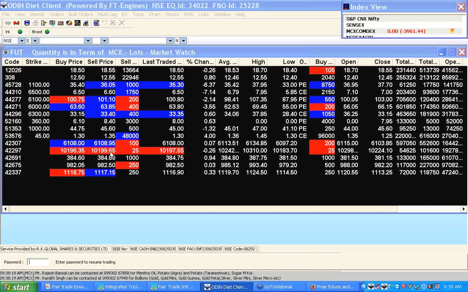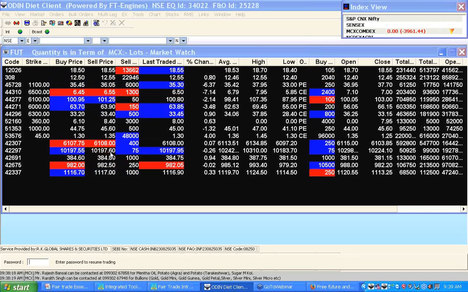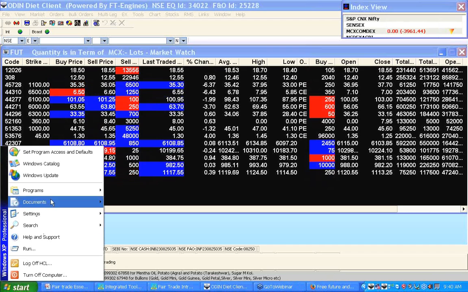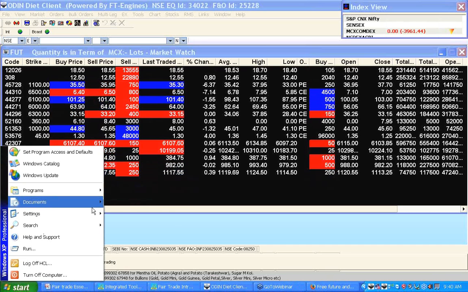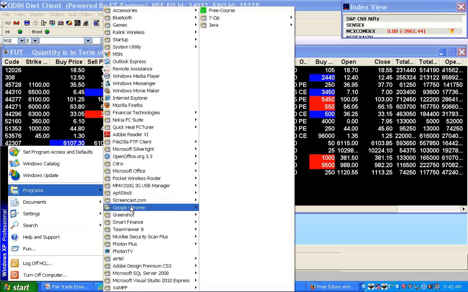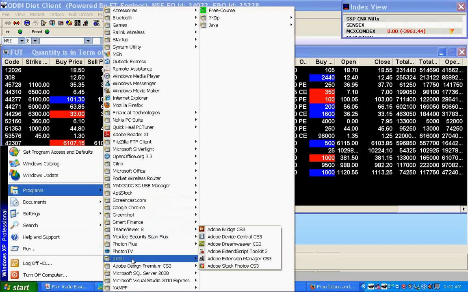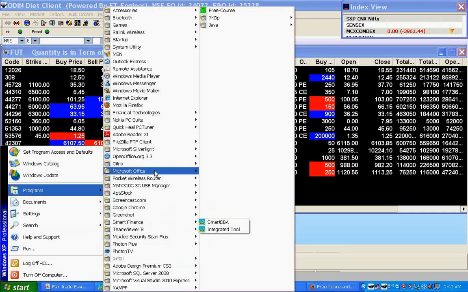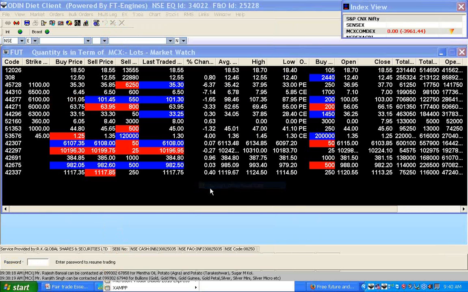Assume I am entering at these values, 10,200 and 982. So let me enter this value. Initially let me enter a trade, then only can I discuss the hedging parameters or the double hedging parameter. For that, let me open one Excel sheet.